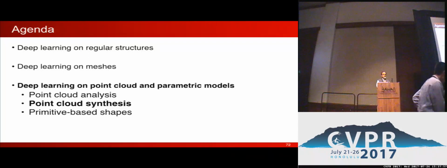Okay, thank you, Charles. So I'll cover the final two topics of the point cloud session: point cloud synthesis and representing geometry through primitives. Before I start, let me re-emphasize one point in the material that Charles covered on PointNet and PointNet++. This is not really specific to points in 3D. It can work with point sets in any dimension.